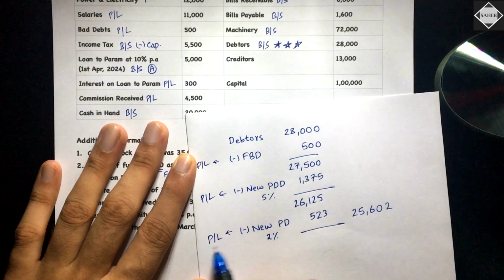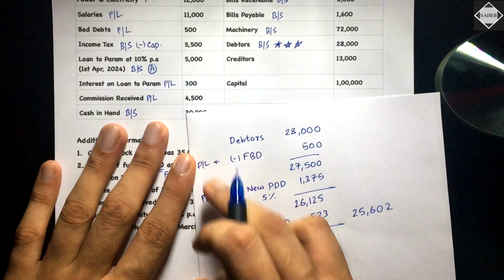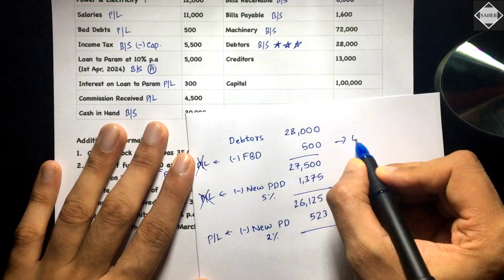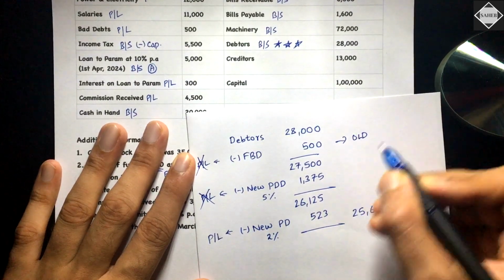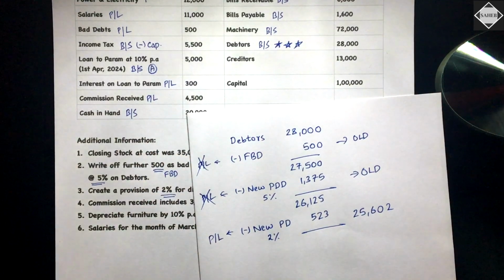Now this will go to P&L, the provision for discount. This is like that only, but these two will not go directly in P&L. First this will go to the old provision, I mean the provision account, right? Then from there one hit will go to P&L.